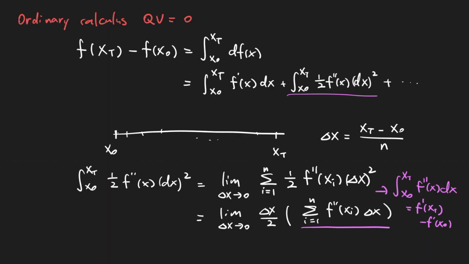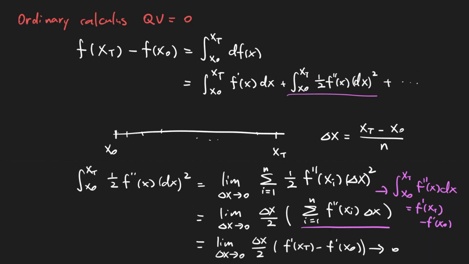So we will have... and that's just going to converge to 0, because the difference of the first derivative is just going to be a finite number. So that will just converge to 0 as delta x goes to 0.